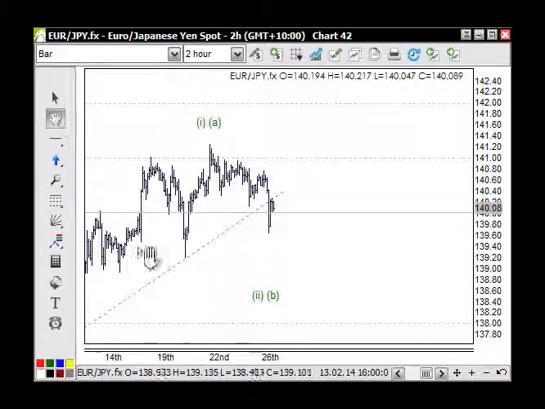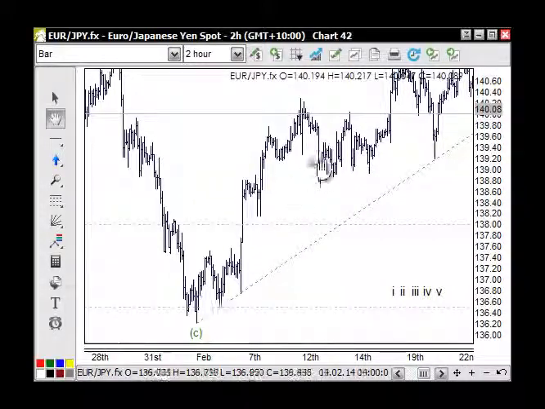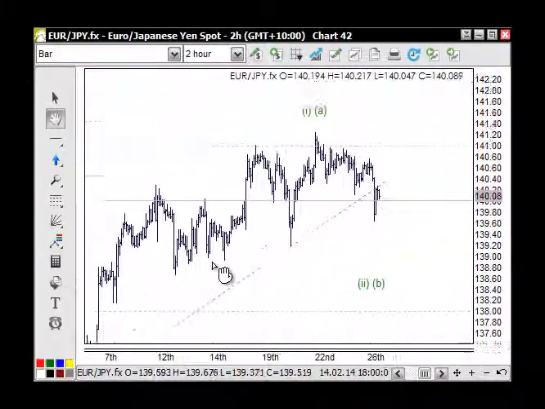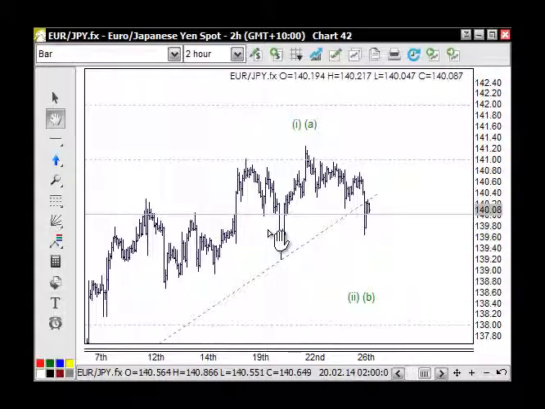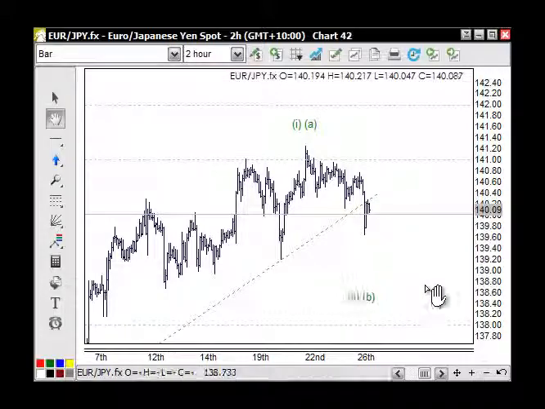So this wave structure up through here in part is quite easy to understand, but a bit like the Australian dollar as well, there's some odd structures going on up here. So look, the 140 is a bit of a line in the sand here.